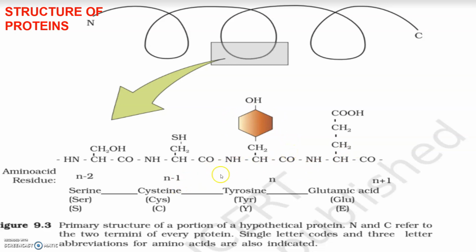The sequence of amino acids, the position of the first amino acid, which is second, and so on, is called the primary structure of the protein. The protein is imagined as a line, where the left end represents the first amino acid and the right end represents the last amino acid.